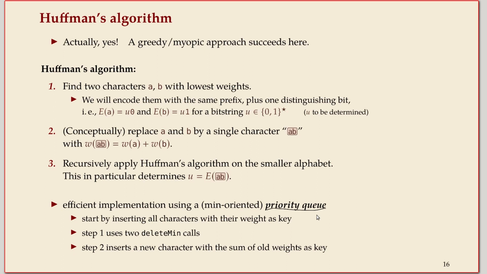If you initially throw all your characters into this priority queue using the weight as the key, then in this step you can use 2 delete-min calls. That gives you 2 characters with minimal weight. Then in step 2, you create this new pair character, assign it the sum of the weights, and insert it back into the priority queue. That way you can find the smallest characters efficiently.